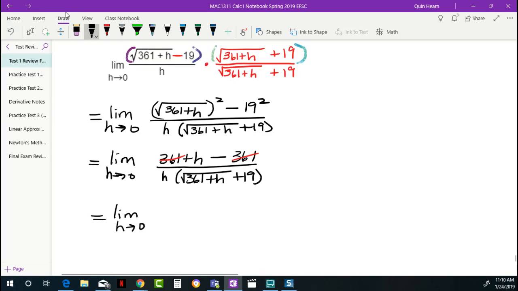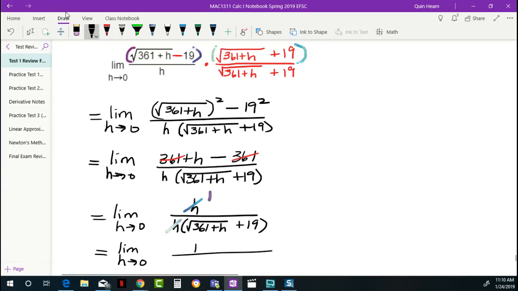Okay, so we're going to have h over h times all of this stuff in the parentheses. We have a factor of h divides into a factor of h, so that leaves a factor of 1. That means we have the limit as h goes to 0 of 1 over the square root of 361 plus h, plus 19.